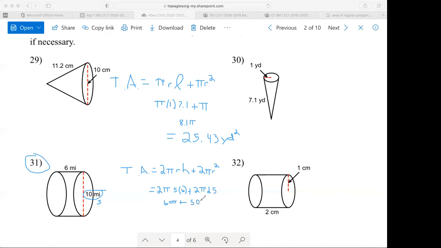So I'm getting 110 pi, which would be what?